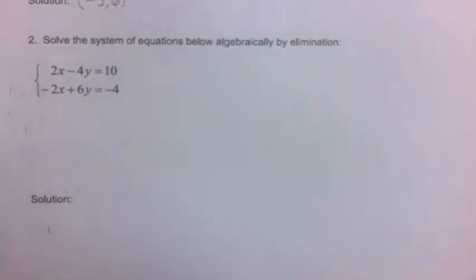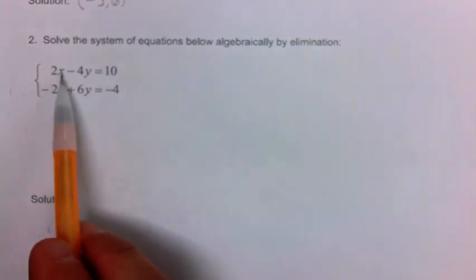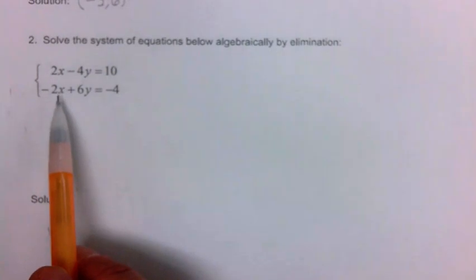In our next system of equations, 2x minus 4y equals 10, and negative 2x plus 6y equals negative 4. We're going to solve this system by elimination. So again, we're looking to see, do we have opposites in our two equations? And looking at the first set of terms, I can see that 2x and negative 2x are opposites from each other.